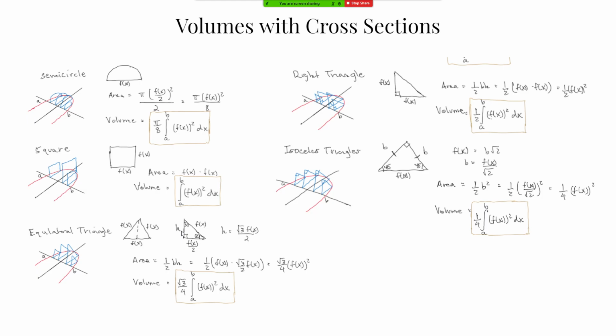So h is equal to square root of 3 f of x divided by 2. You could do that using the Pythagorean theorem, or if you know your 30, 60, 90 triangles. Then the area of the whole triangle is 1/2 base times height, so you get square root of 3 over 4 times f of x squared.